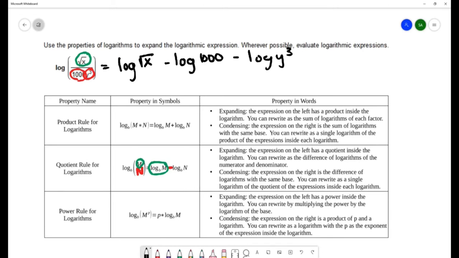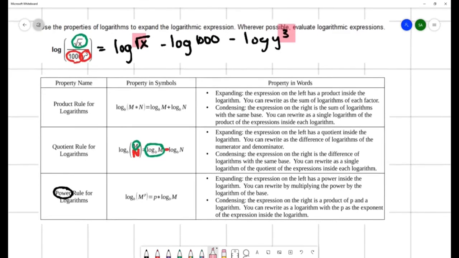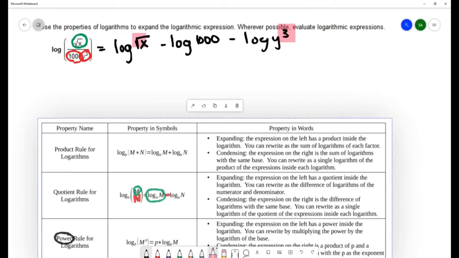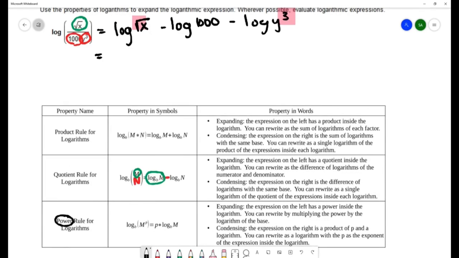Now we want to go a little bit further and use the power rule. We do have a power on this one, and on this one we have a radical. And something with radicals that we need to remember is that they can all be written as powers. So this radical is square root, and we're going to write that as x to the 1/2 power.